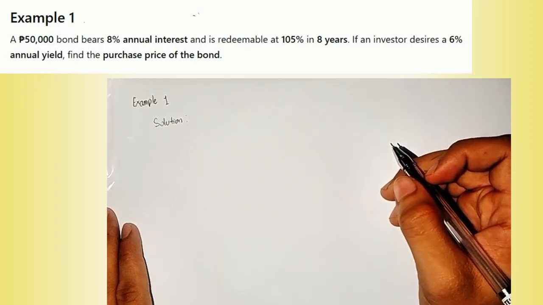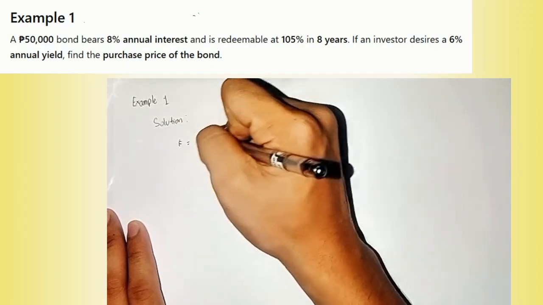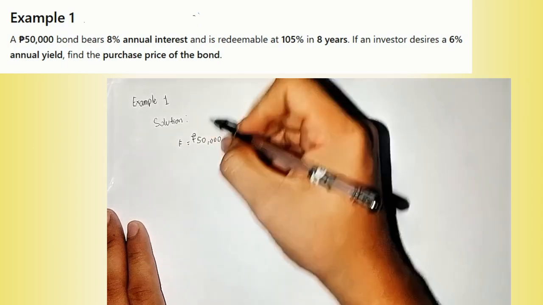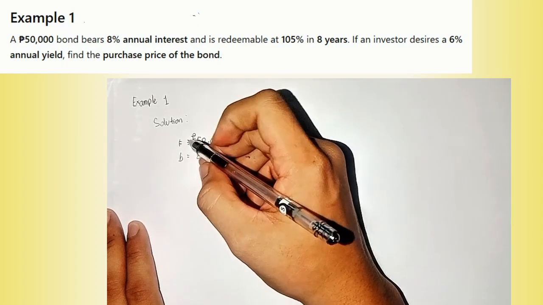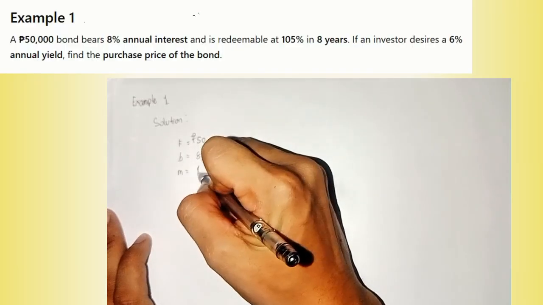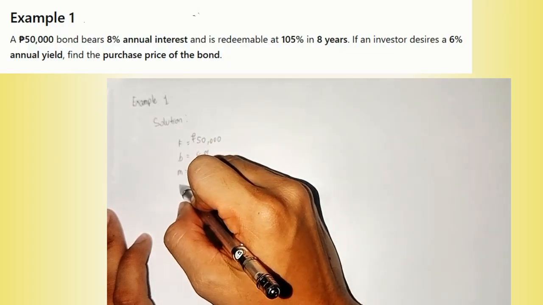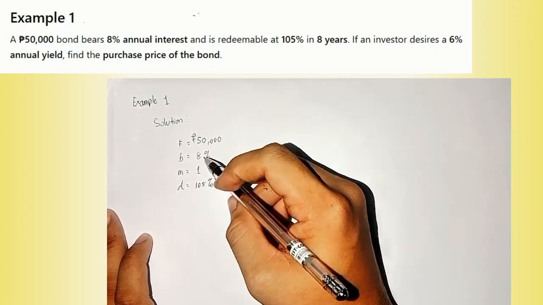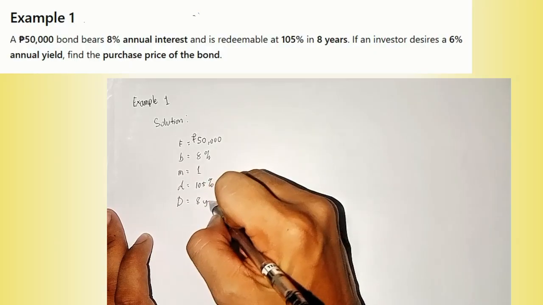First, we will list down the givens. We have F equals 50,000 pesos, R equals 8%, since it is annual interest, we have M equals 1, and redeemable at 105%, so basically S equals 105%, in 8 years. And n equals 8 years.